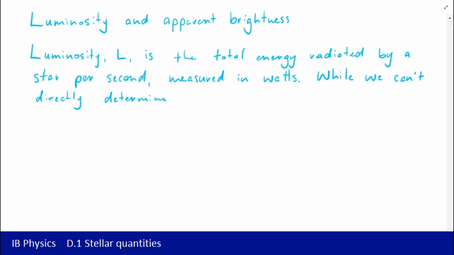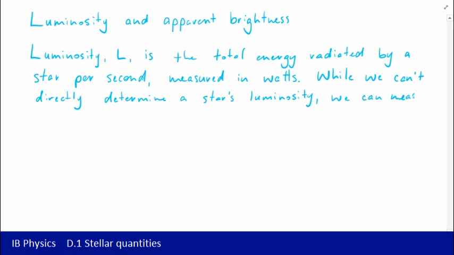So we can't directly determine a star's luminosity. So we need to make some other measurements in order to determine how luminous a star actually is. We can't measure its luminosity, but we can measure its apparent brightness.